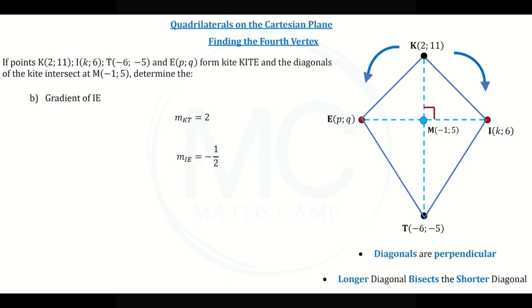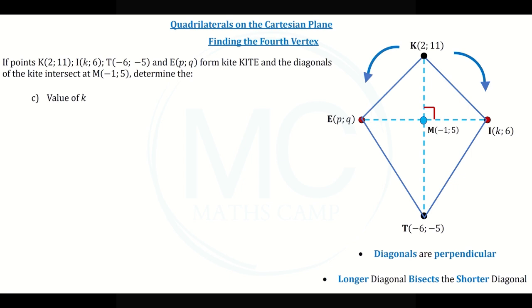And now we can move on to part C. Determine the value of k. We don't have the coordinates of point E, so we can't use the midpoint M, but we've just found the gradient of IE to be negative 1 over 2. Now points E, M, and I all lie on the same straight line, which means that they are collinear. This means they have the same gradient. So if the gradient of line IE is negative 1 over 2, then the gradient of MI is also negative 1 over 2.